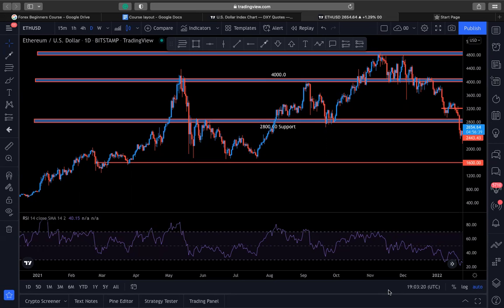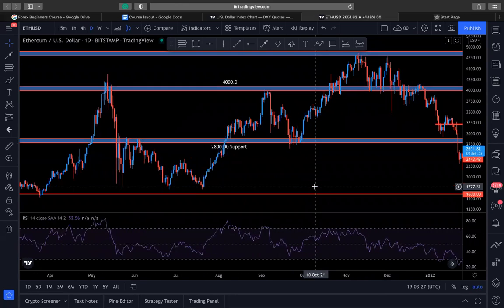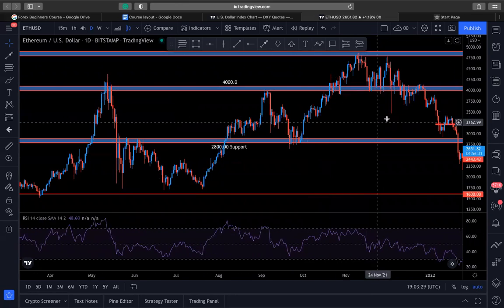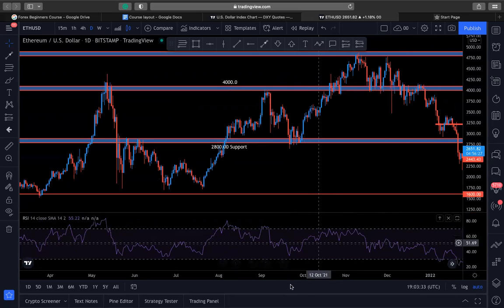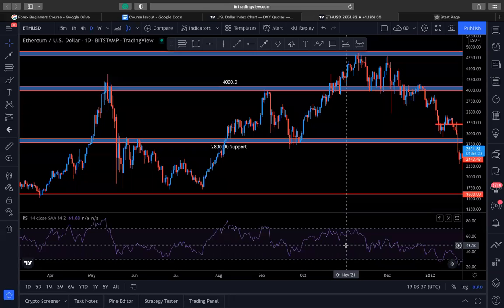I rarely use the RSI, but there are times where I might throw the RSI up if I'm thinking, hey, I feel like this is a strong resistance level, what is the overbought level, or what is the current level where price is sitting, to where is it overbought, oversold, to help me get a little bit clearer picture with everything, right?